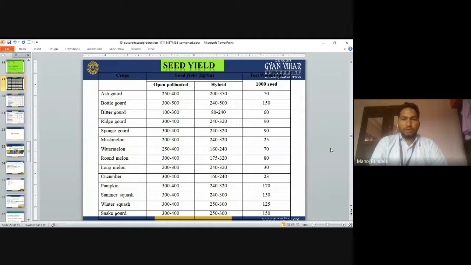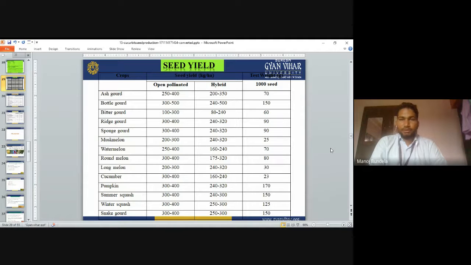Round melon, 300 to 400. Long melon, 200 to 300. Cucumber, 300 to 400. Pumpkin, 300 to 400. Summer squash, 300 to 400. Winter squash, 300 to 400. And snake gourd, 300 to 400. So these are the kg per hectare for open pollinated varieties.